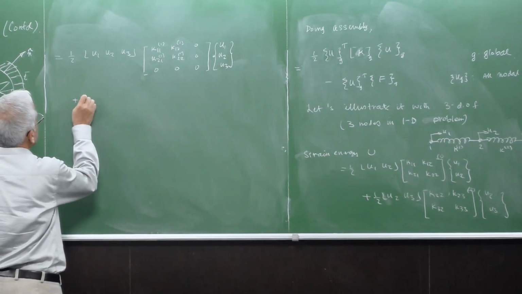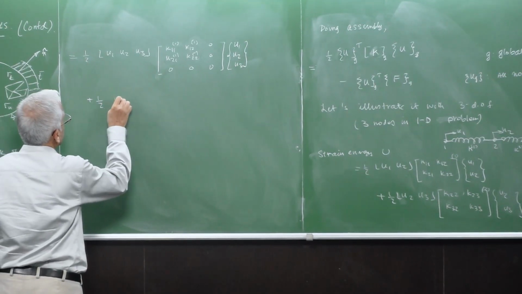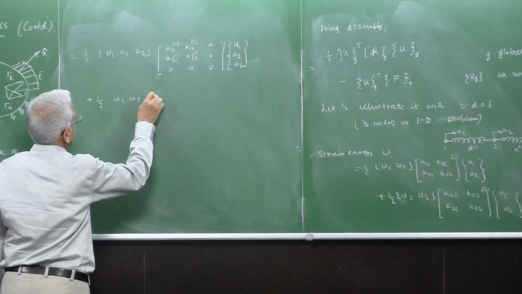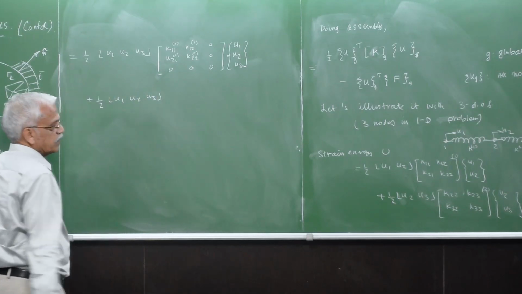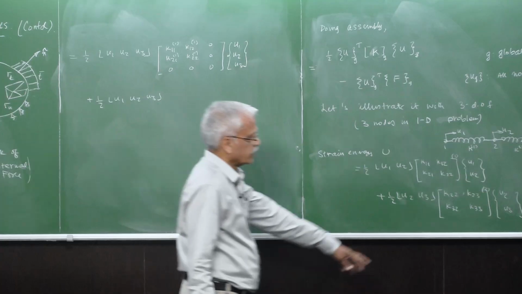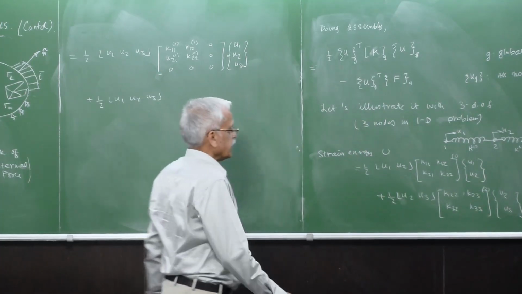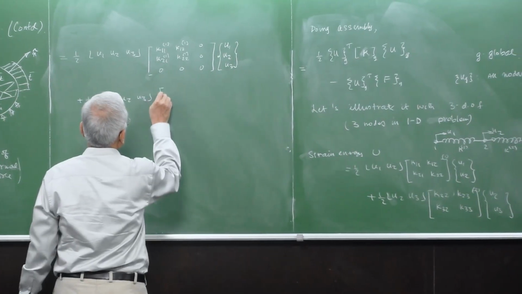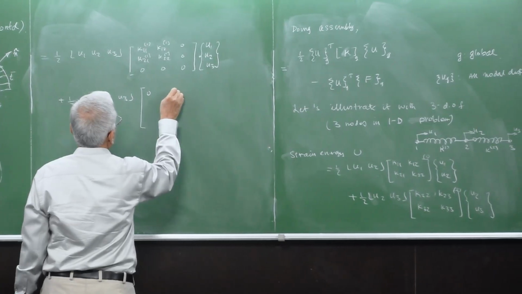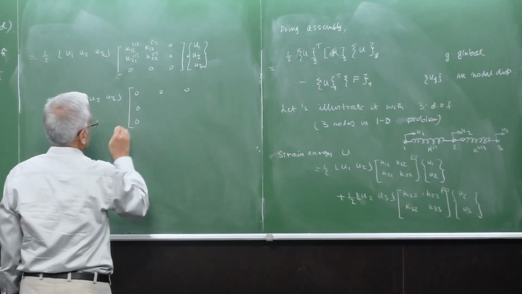And the second element also we expand as a 3 by 3 with the addition of U1 here. The second element doesn't have U1, so the first row and first column are 0.